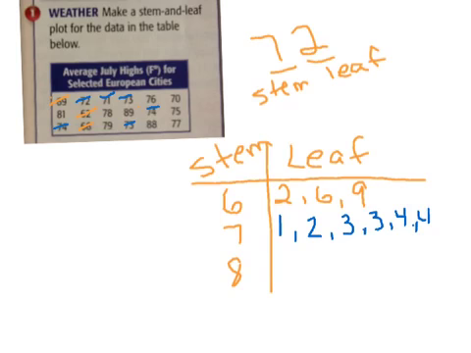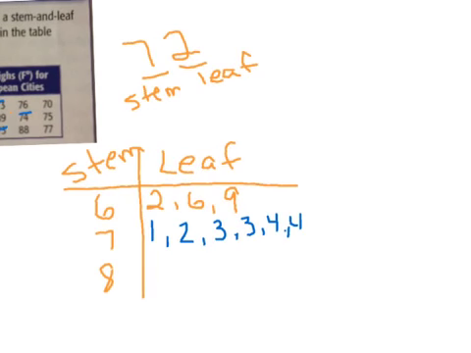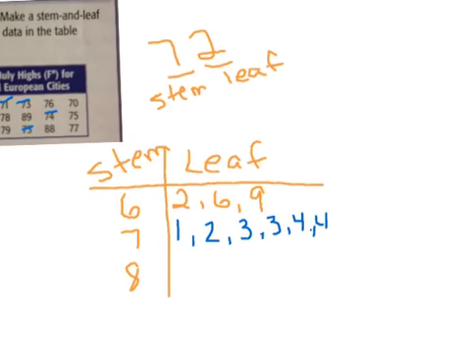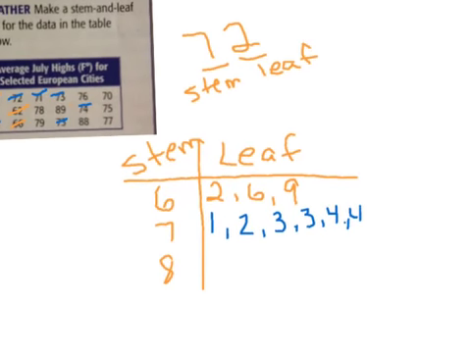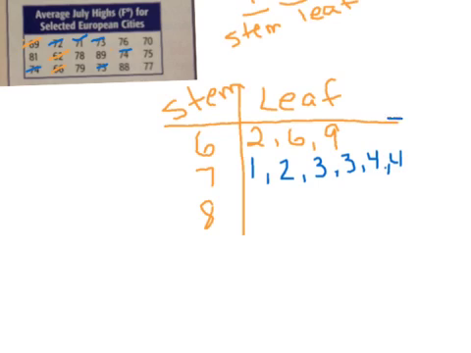I'm running out of room. Let's see if I can move this. Okay, sorry. And I missed that I had a 70. Okay, so I stopped at 74. There's a 75, a 76, a 77, a 78, and a 79.